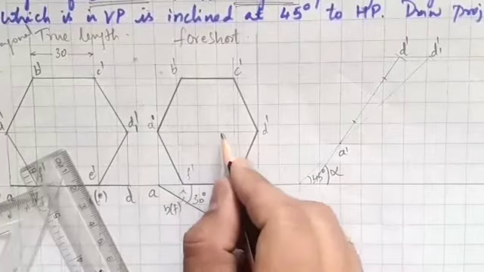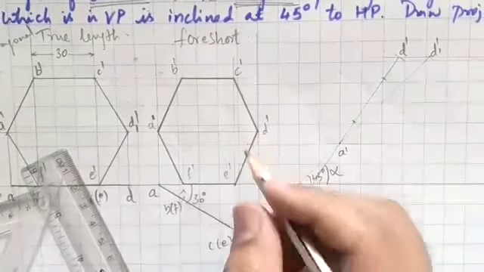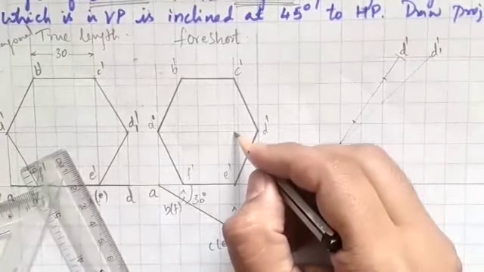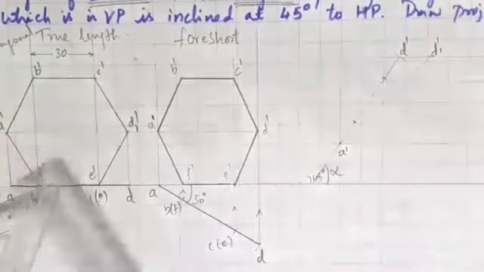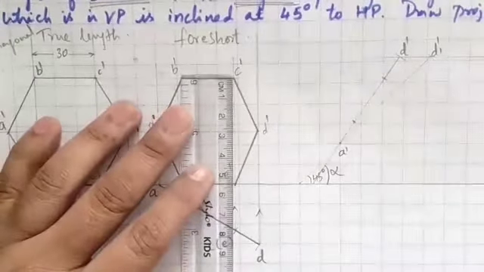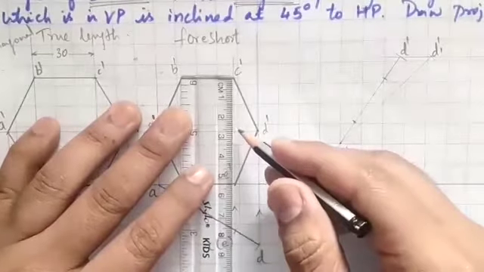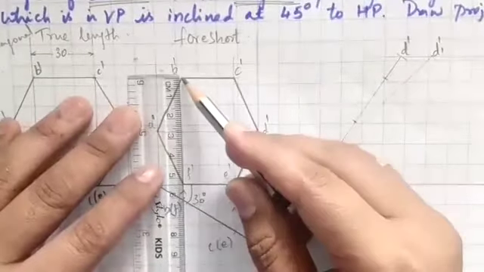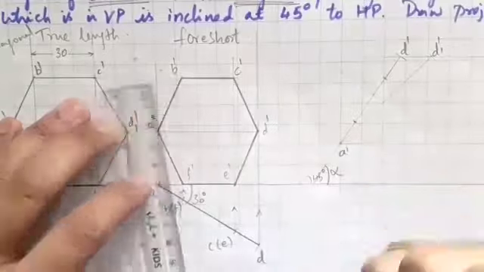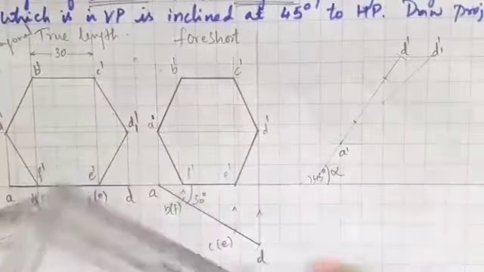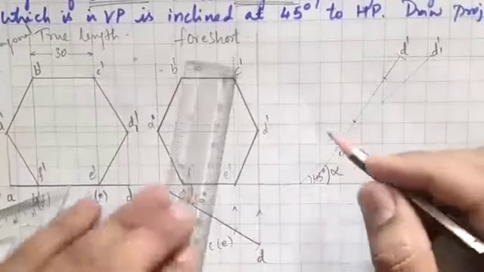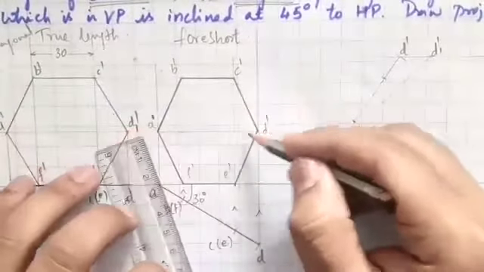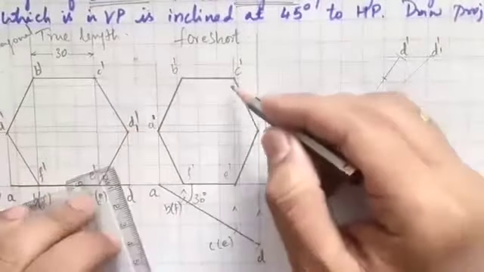With these two positions, I see how much the height is. That is 26, here also it is 26. So with 26 mm, I can get B and C. See, this is perpendicular to this diagonal.